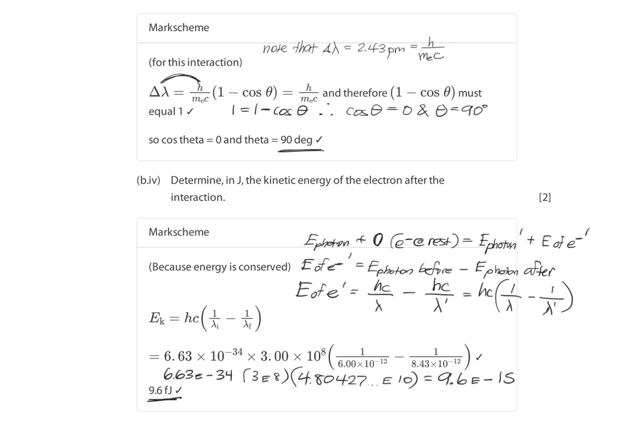And so that's where this expression comes from right here. I wrote in an intermediate step for the fractions, and you wind up getting 9.6 times 10 to the negative 15. 10 to the negative 15 is femto, so that's 9.6 femtojoules, which agrees with the mark scheme.